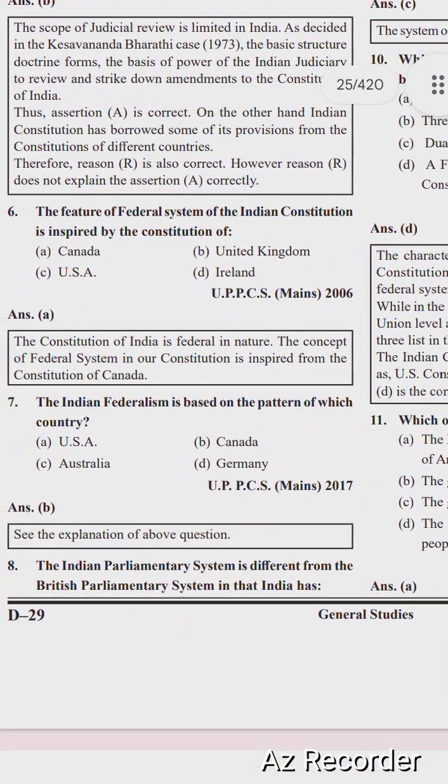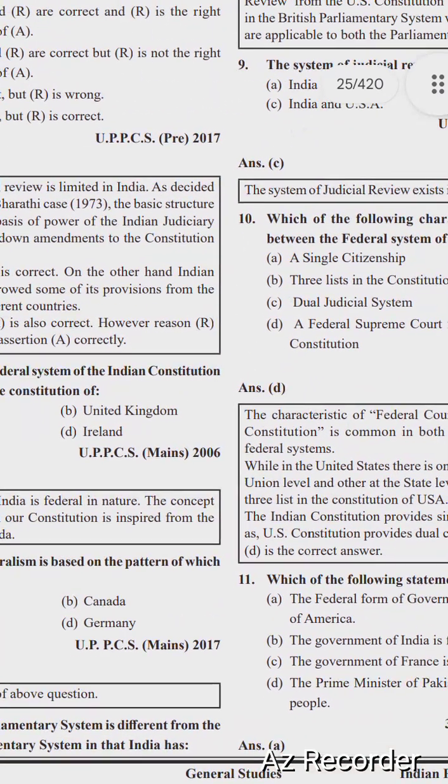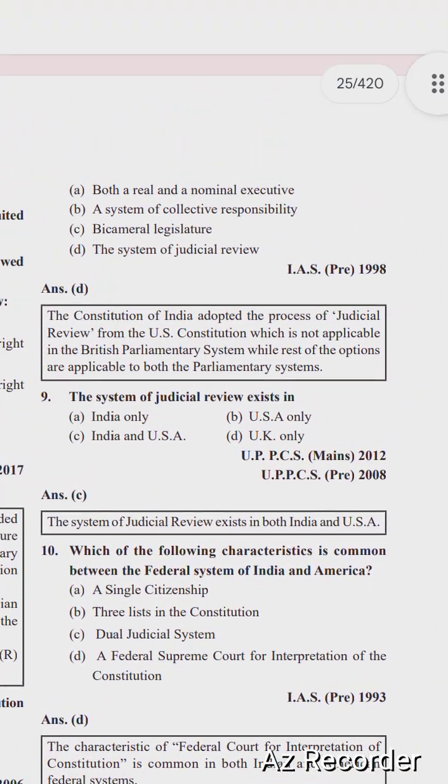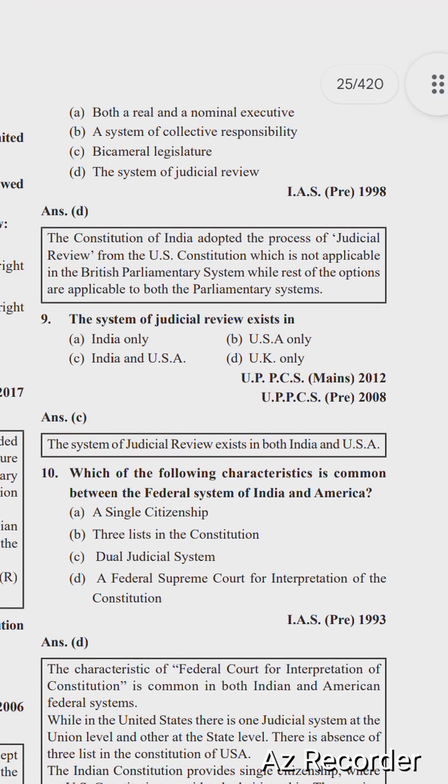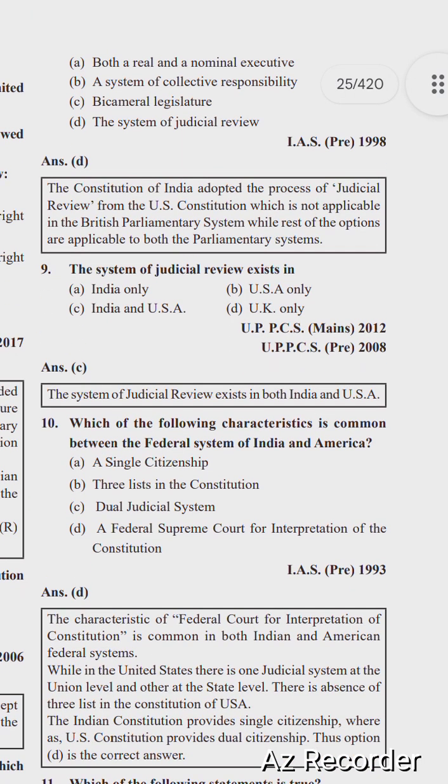The right option is option D, the system of judicial review. The Constitution of India adopted the process of judicial review from the US Constitution, which is not applicable in the British parliamentary system, while the rest of the options are applicable to both parliamentary systems.